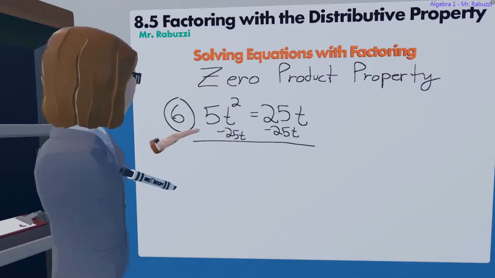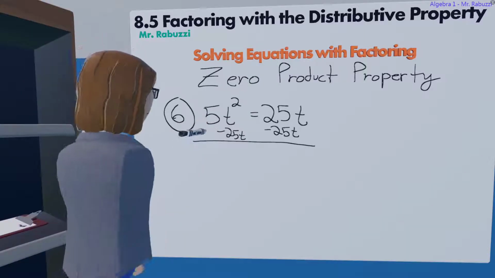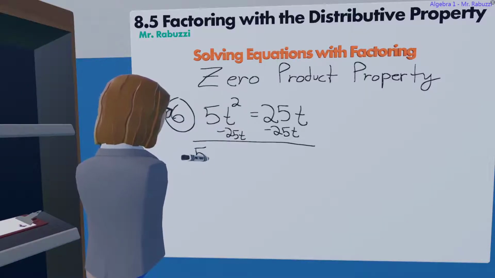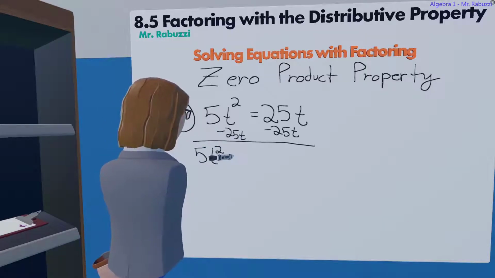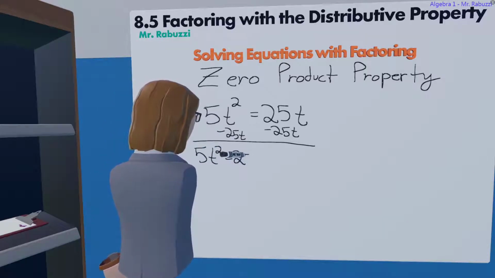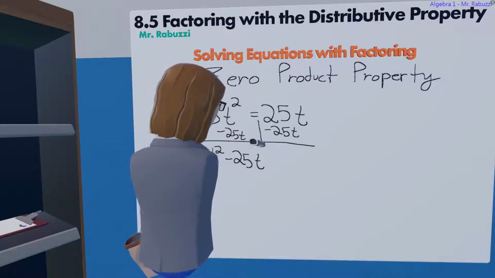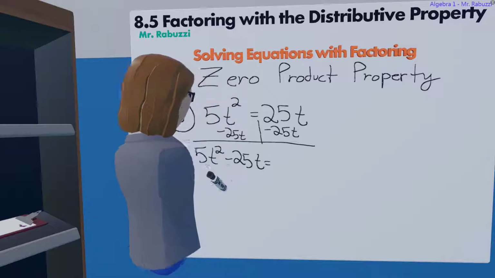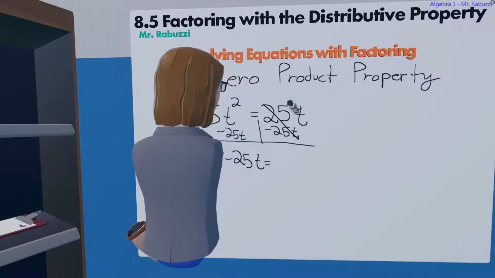we'll get, well, t and t squared, they don't go together. So 5t squared stays apart, minus 25t. Equal sign. 25t minus 25t, cross them out.